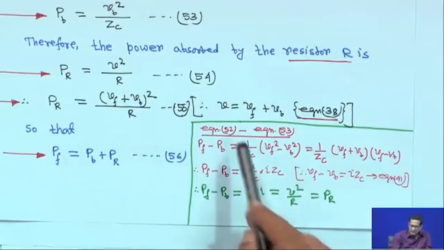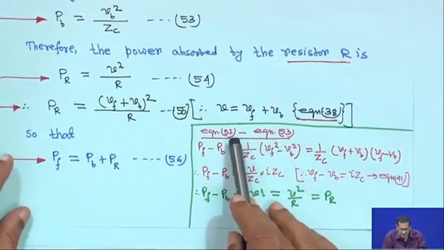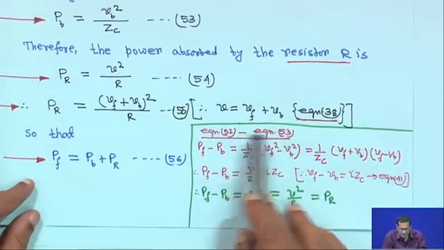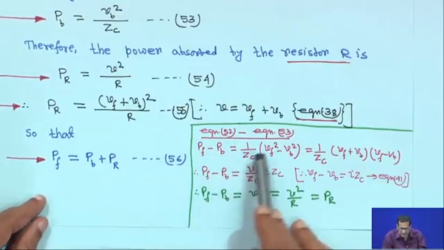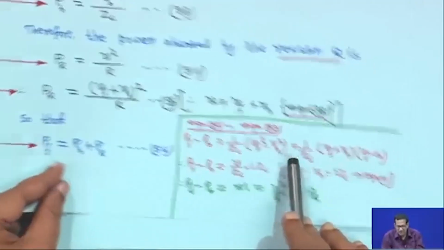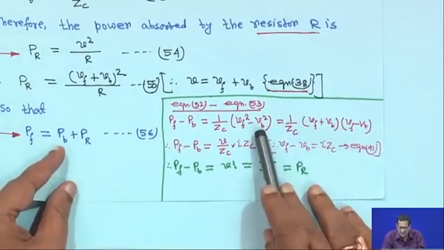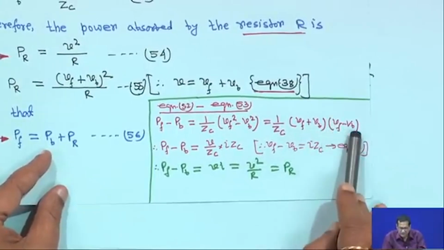How did we get it? Subtract equation 53 from equation 52. Then you get Pf minus Pb is equal to 1 upon Zc, Vf square minus Vb square, which is 1 upon Zc into the A plus B into A minus B formula. So, you can write Vf plus Vb into Vf minus Vb.